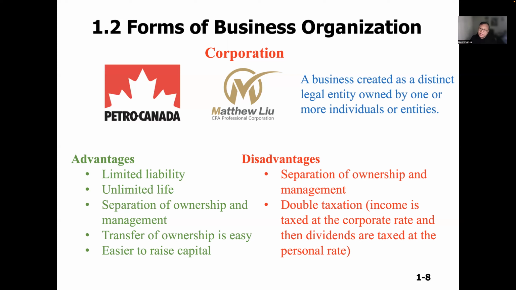It could happen, let's say in some provinces, that there is double taxation, meaning that if you earn income through corporations, ultimately you are paying more tax than if you had earned it through your own sole proprietorship, okay? That is something you would learn in the taxation courses, so I will not talk too much about it here.